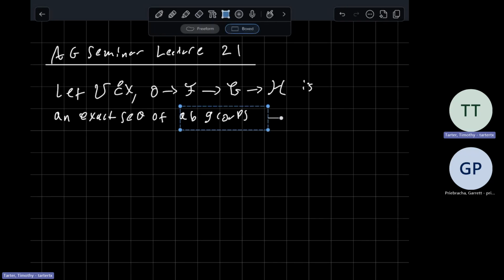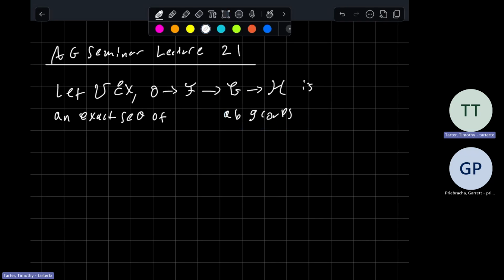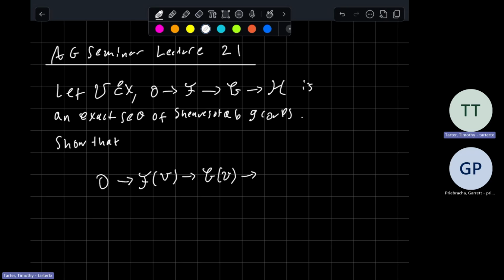Show that 0 into F over U into G over U into H over U is exact.